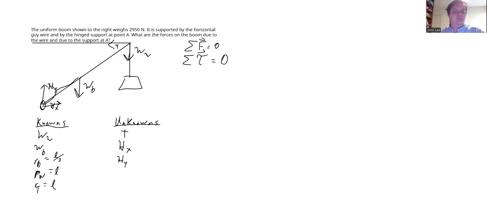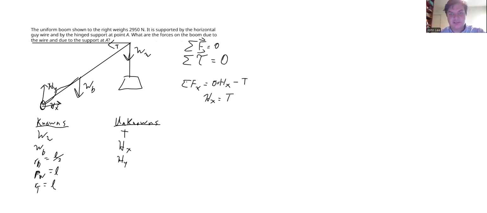So sum of forces in x equals 0 and sum of forces in y equals 0 are going to give us that H_x minus tension equals 0, the sum of all forces in x. Therefore, H_x has to be equal to the force of tension.